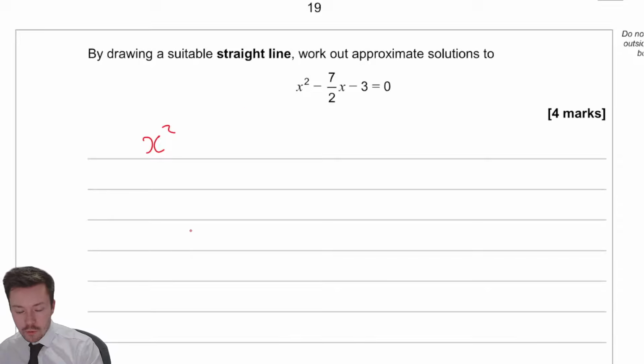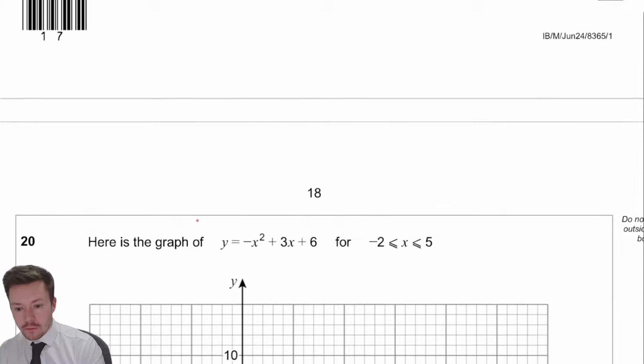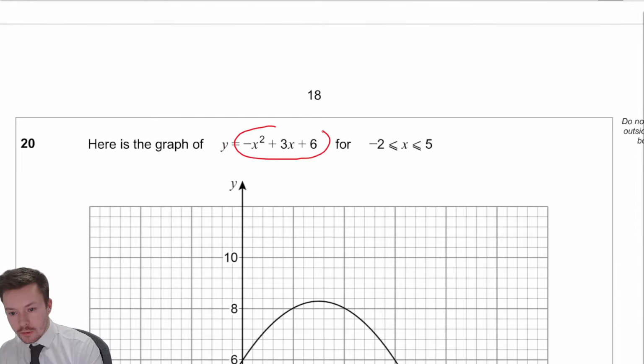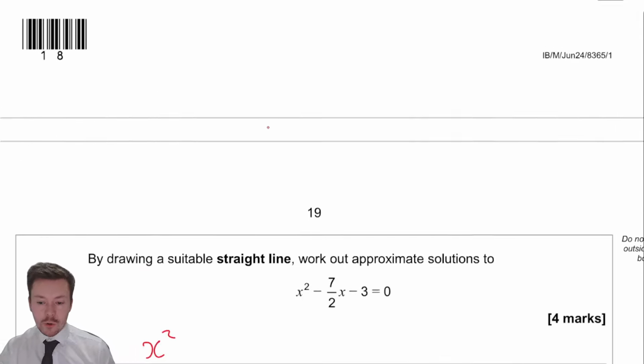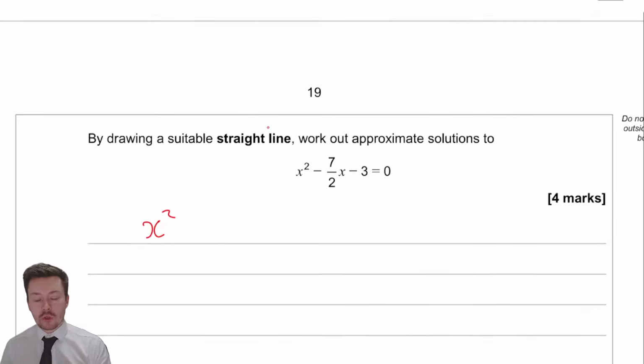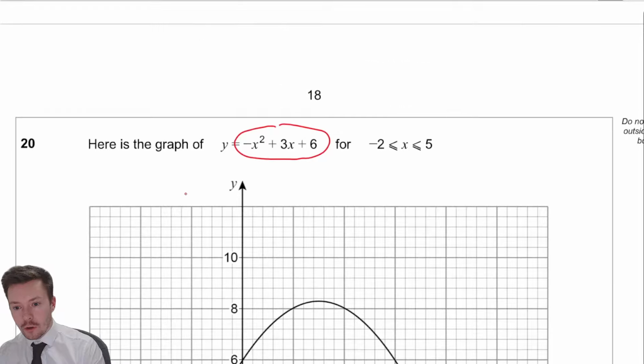And so what I want to do is I want to work out a way that I can get on one side of the equation this, and on the other side of the equation, I will have something else, some straight line, which I can then plot.